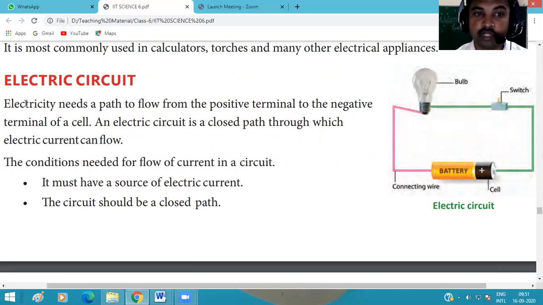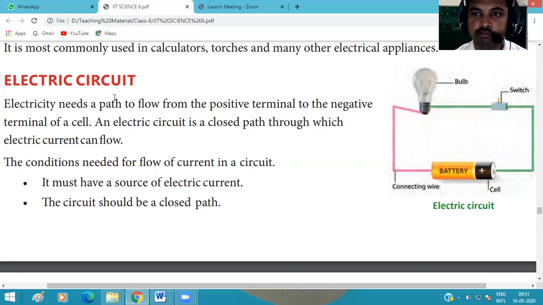Electricity, in our homes and in factories or any place, needs a path to flow. By a path, the electricity flows from the positive terminal to the negative terminal.